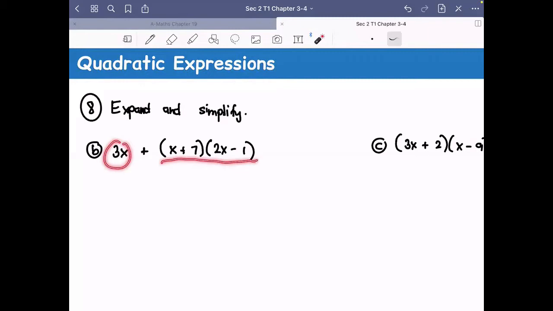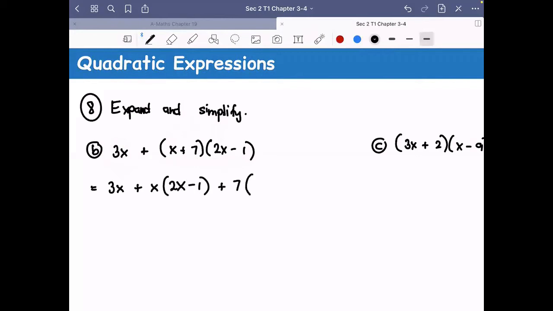So how do we do that again? So just like before, we need to distribute x times 2x minus 1 and then plus 7 times 2x minus 1. So just bring down 3x plus x times 2x minus 1 and then plus 7 times 2x minus 1.